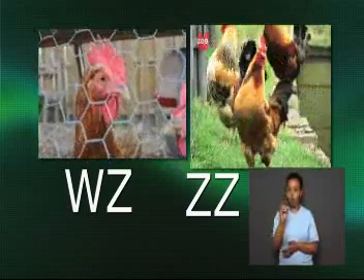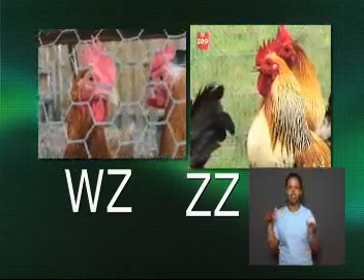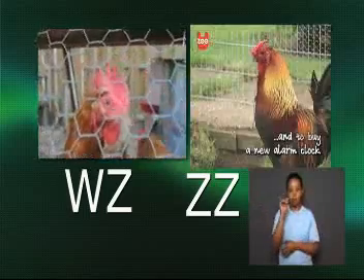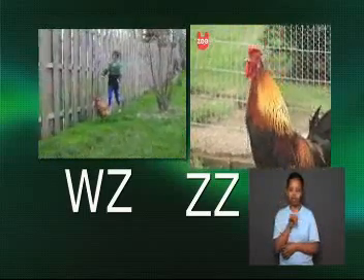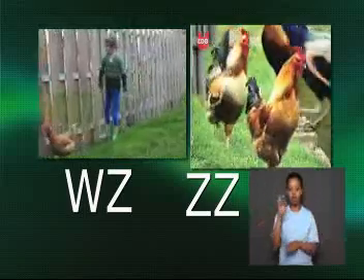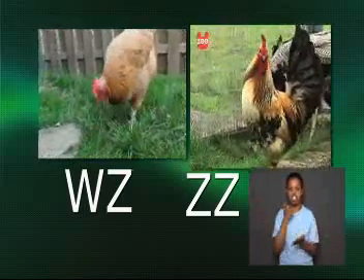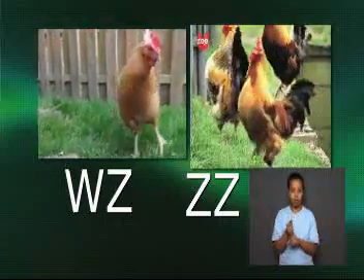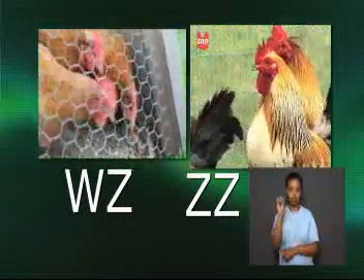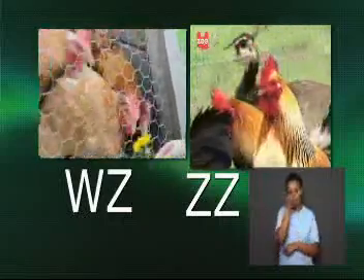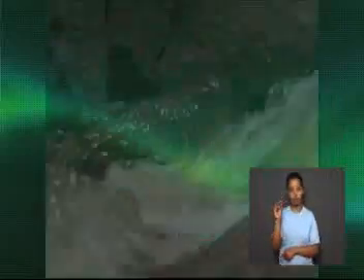However, birds do not have X and Y chromosomes like us. Bird chromosomes are W and Z. So, female birds have WZ chromosomes and males have ZZ chromosomes.